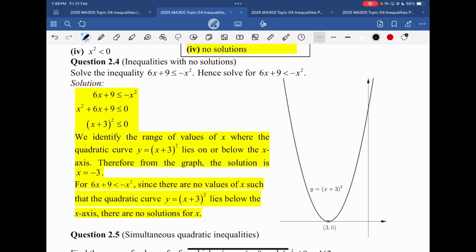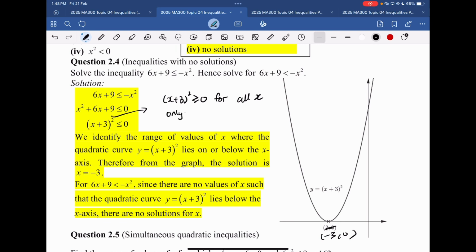For a squared function to be non-positive, it's almost impossible. There's only one value, which is 0. So you know that x plus 3 squared is always more than or equal to 0 for all x. So basically, what does it mean?